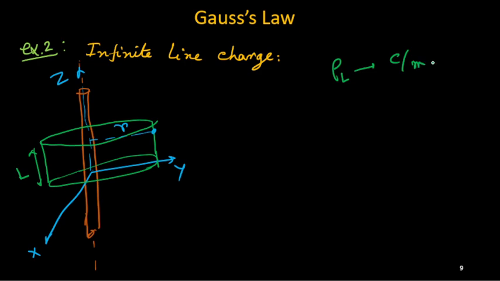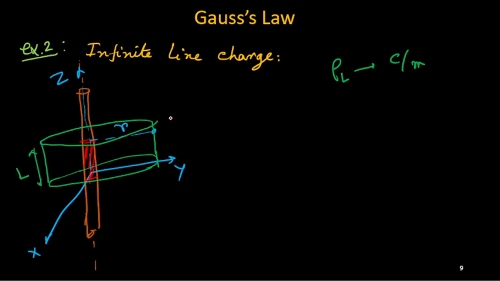This is the unit, rho L, right? So within this Gaussian surface, what is the total charge? The total charge will be only that enclosed within this length.